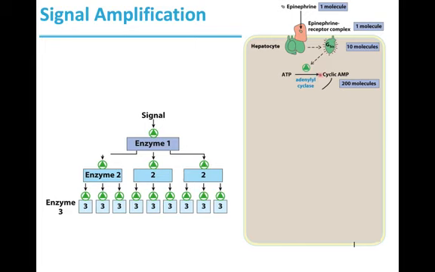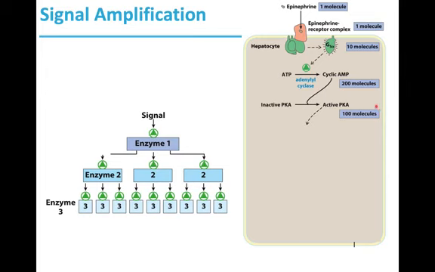This results in the activation of adenylyl cyclase, which converts ATP to cyclic AMP. And in this case, at least 200 molecules of cyclic adenosine monophosphate are activated. This results in the activation of protein kinase A. Remember, cyclic AMP activates PKA.